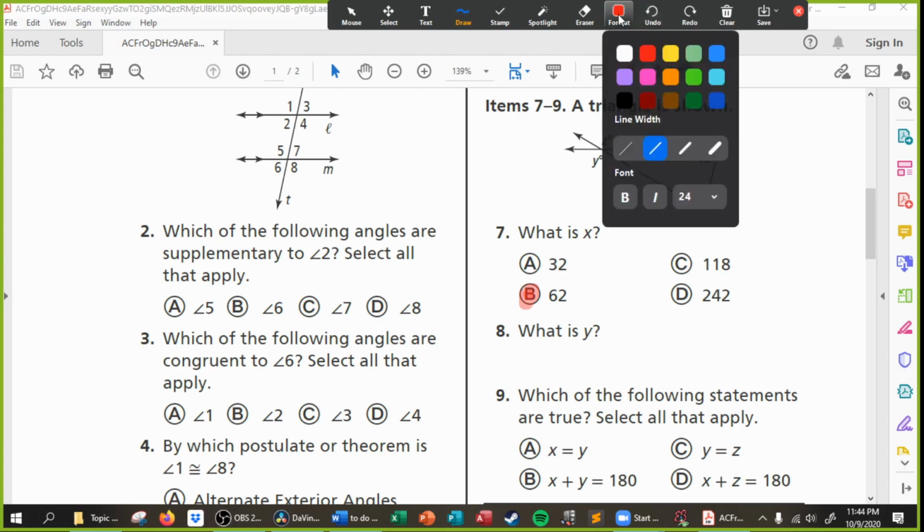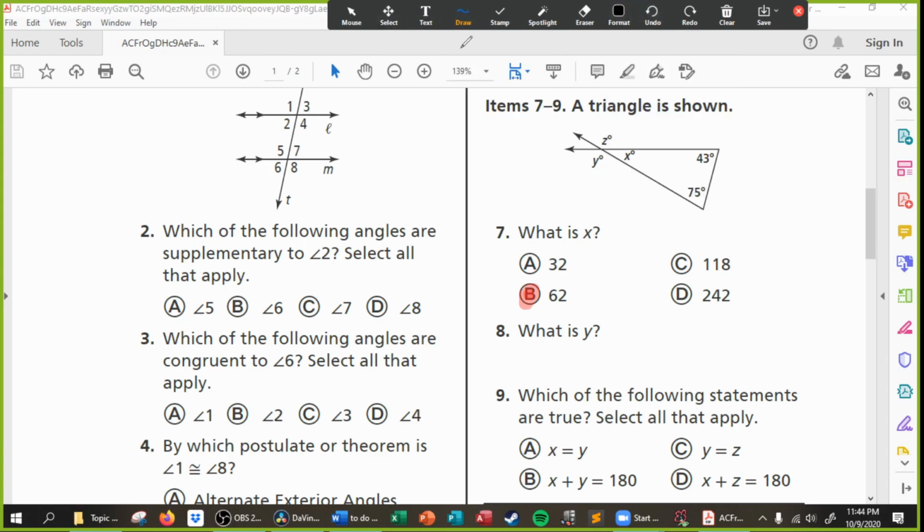And then we need to look at what this is. So if I know this angle is 62, and I know that y, because this is a straight line, makes a linear pair with these two, right? So y plus x would equal 180 because they're linear pairs.